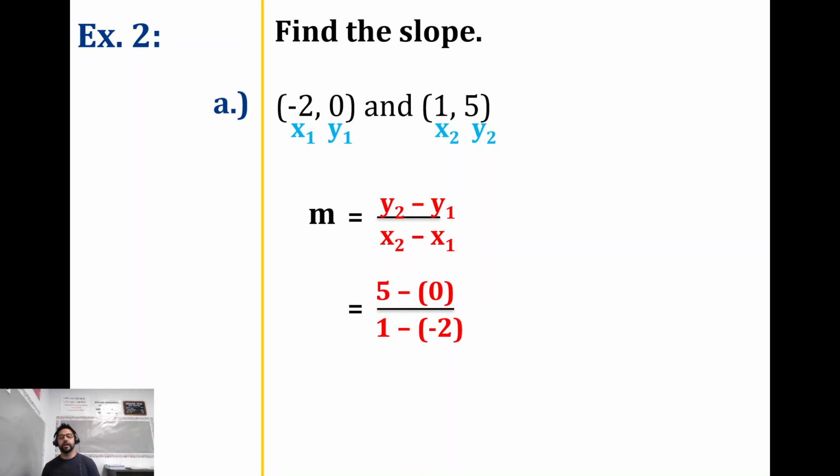As we continue with the order of operations concept, my numerator just says 5 subtract 0, simple 5. And then my denominator, remember it says 1 subtract -2. You learned that in maybe 6th or 7th grade, that it really becomes 1 plus 2. And 1 plus 2 is a nice 3.